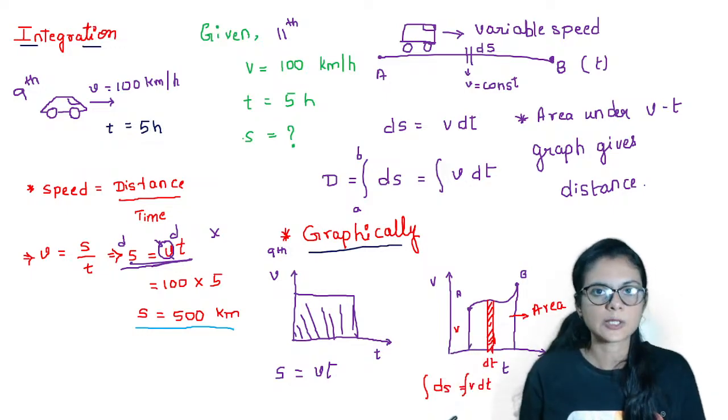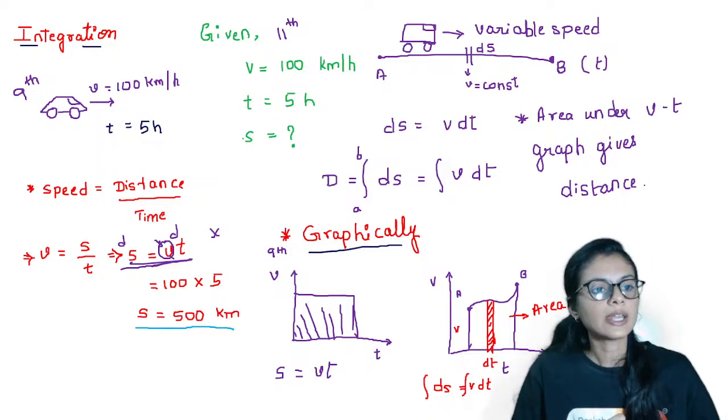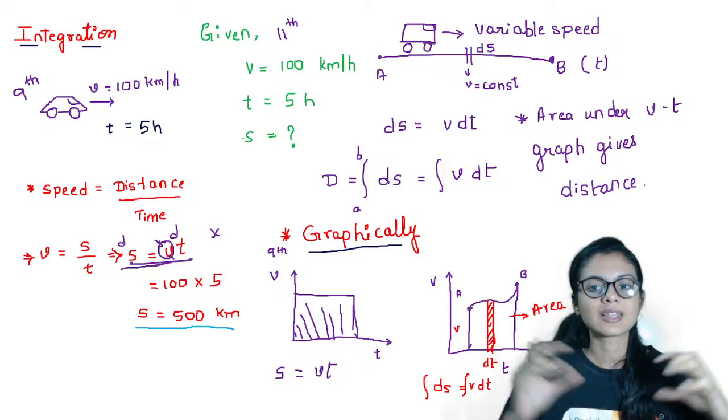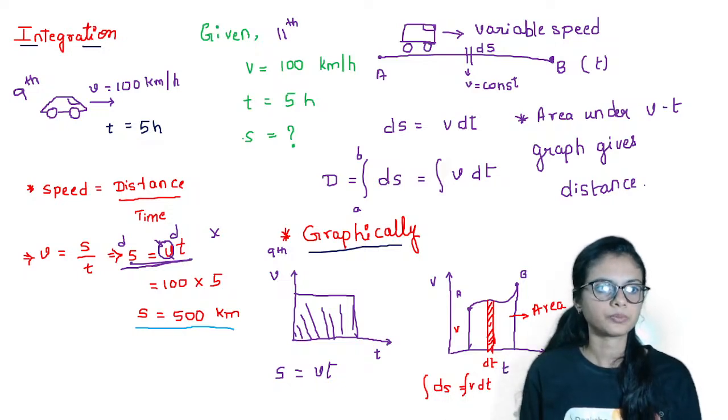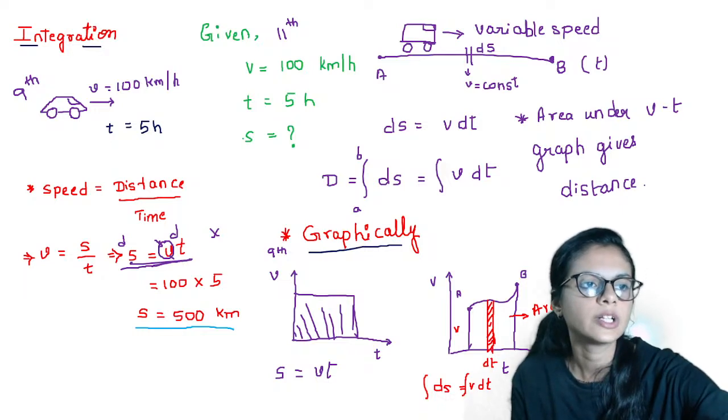It's a lengthy process. Instead of that, what I can do, I can consider the area of one strip and I can integrate it to get the complete area. Is it clear? Yeah, is that clear? Shall we move forward now?